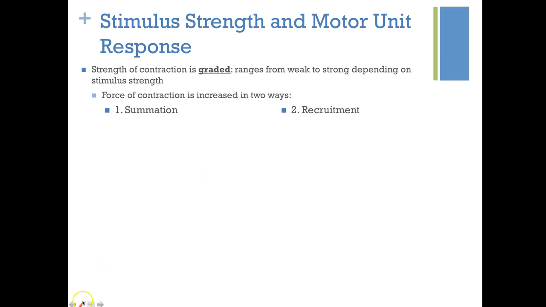and contrast treppe and tetanus. I'm just going to do this on this slide because I have room here. So we know that both of these are types of summation. So with treppe, our stimulus is at its max level.